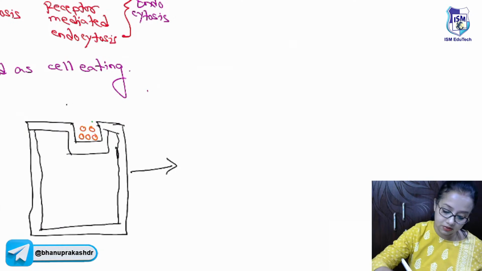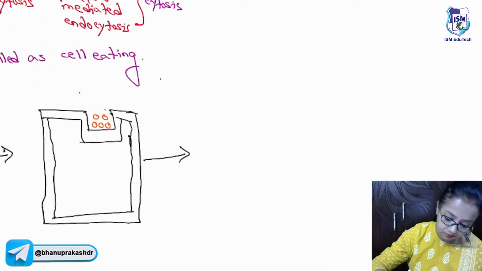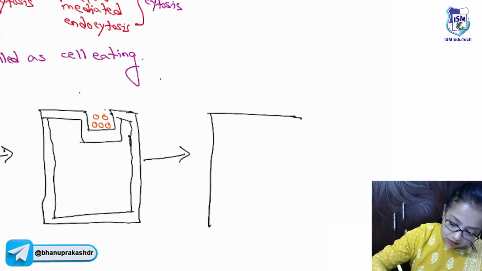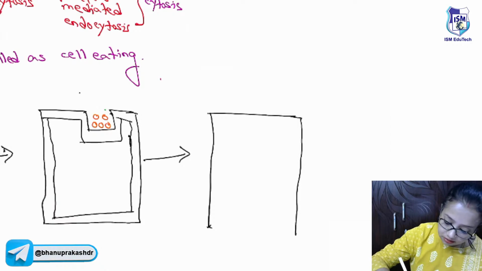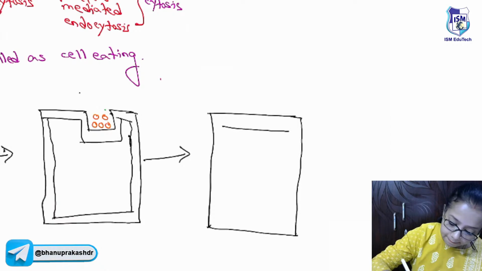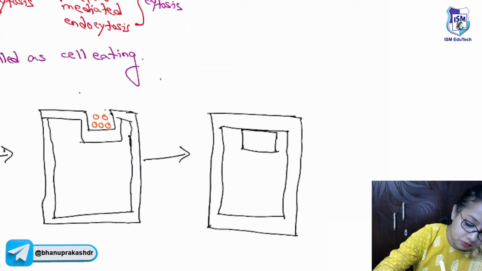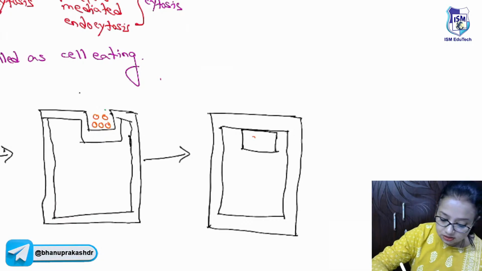Okay, now the molecules that have to be engulfed will sit, attach and bind onto this pinched or engulfed portion of the cell membrane. After which there will be total engulfing of this vesicle containing the substance. Now a vesicle has been formed from the cell membrane, which is attached to the cell membrane.